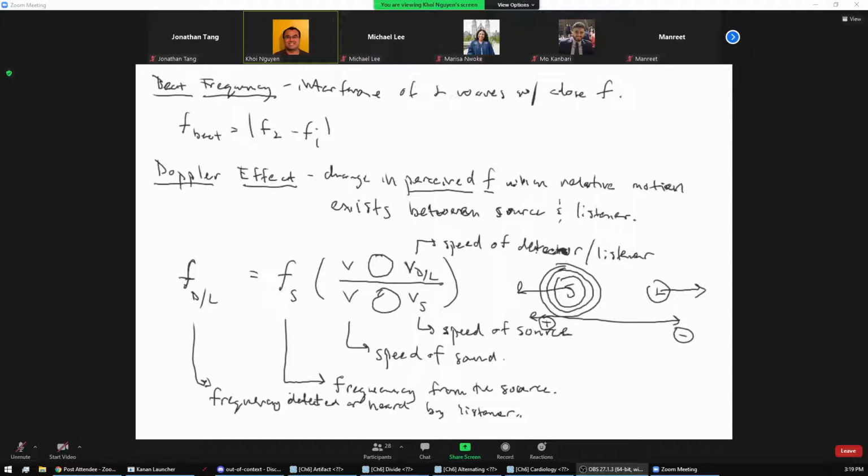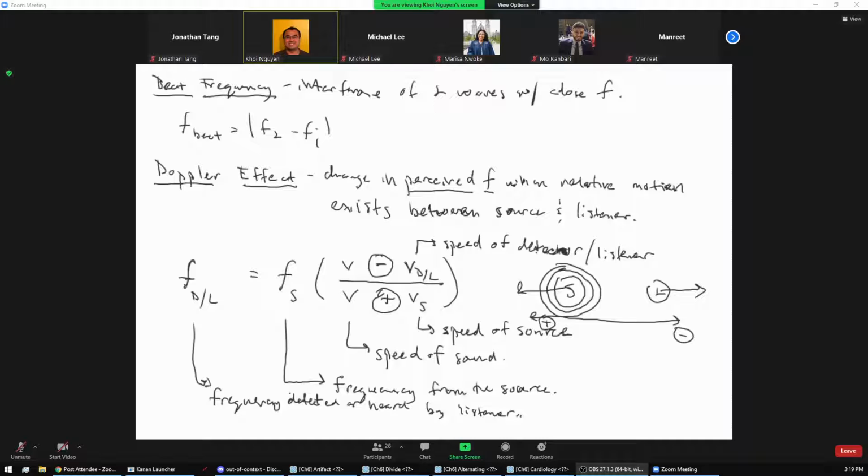It's moving to the right, where the negative sign is. Nope, it's negative for the listener. What about the source? It's moving to the left, where the positive sign is, right? That's positive. Negative for the listener, positive for the source.